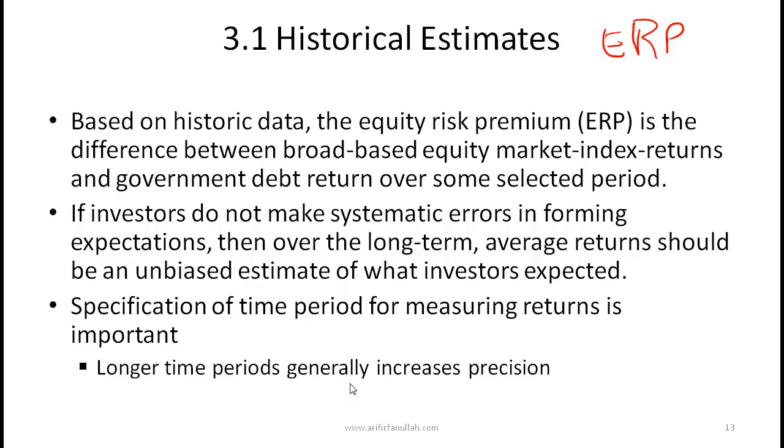This short period included one of the biggest financial crises that we have seen. So to dilute the effect of that crisis, it makes sense to take a longer period. But does taking a longer period solve all our problems, or does it solve some problems and create some other problems? It creates some other problems.